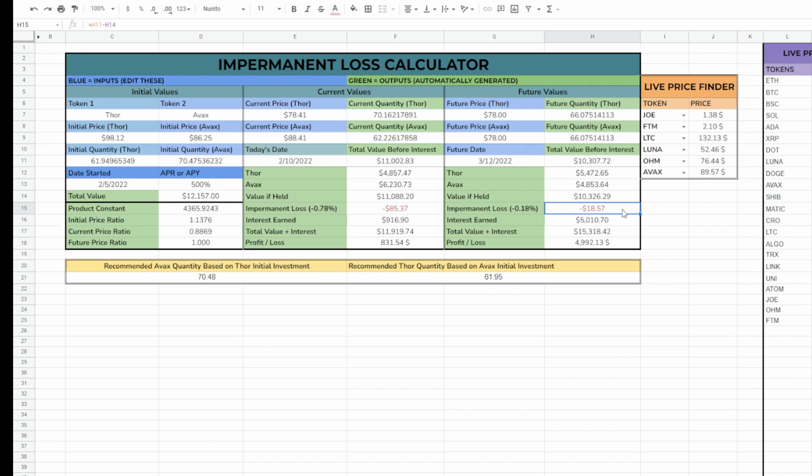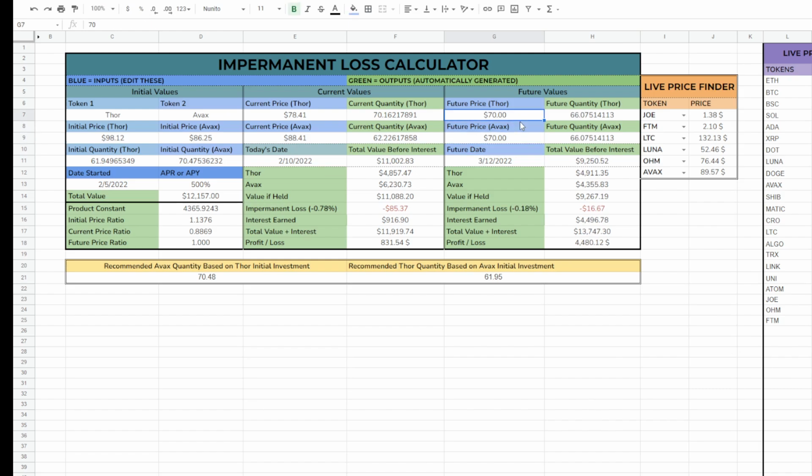Yes, I still experience 0.18% impermanent loss, which is no big deal because it is being offset by $5,010.70 in interest earned by being in that liquidity pool. I am now going to be up 5,000%. In fact, the value of these tokens can drop considerably.